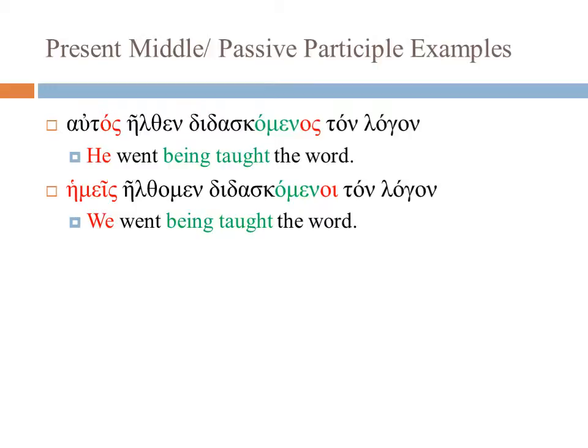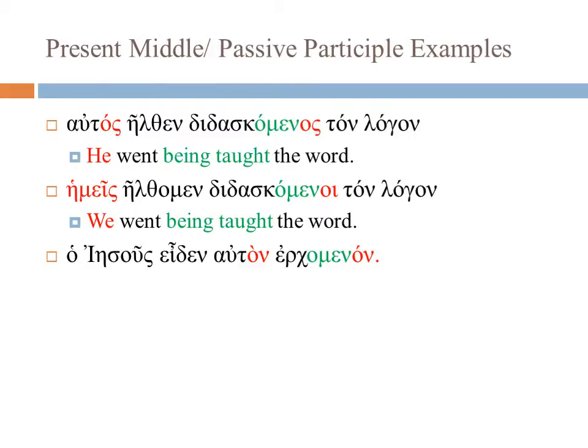Now I'm using the being because the present is continuous, right? The aspect of the present is continuous. So I want to bring that out, so I'm going to say we went being taught the word.